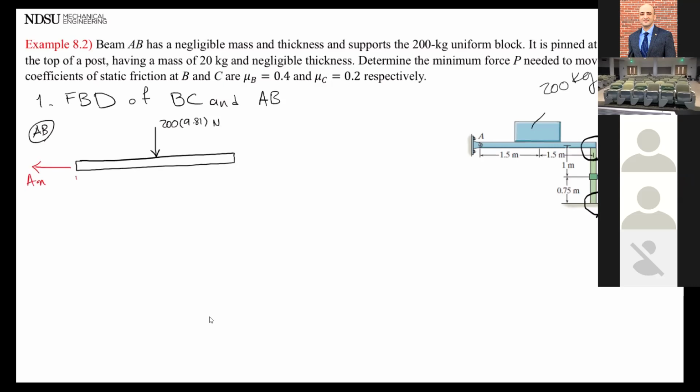It doesn't have any moment. Why does it not have a moment? A pin, for you to rotate. So remember, when we're drawing the forces, the reason there is an X and there is a Y is because this pin prevents the movement, right? So it stops beam AB from going left or right or up and down.